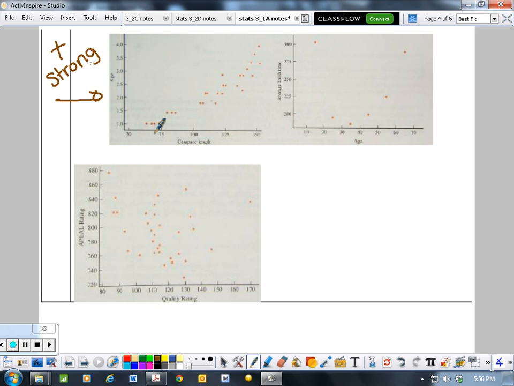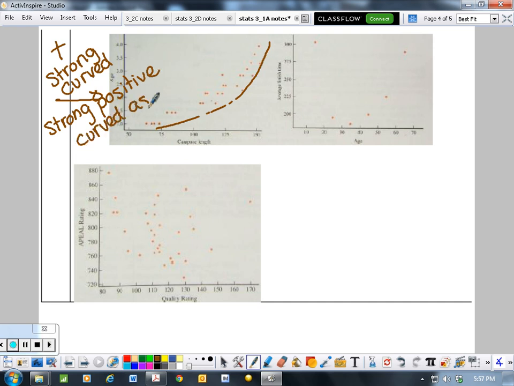And it kind of looks like it curves. So this is a strong, positive, curved association. Now our very last chapter, chapter 12 in our textbook, deals with what happens when it is curved.